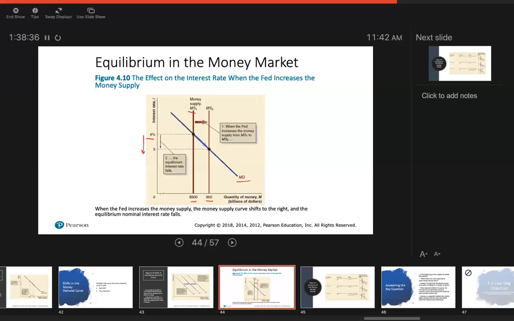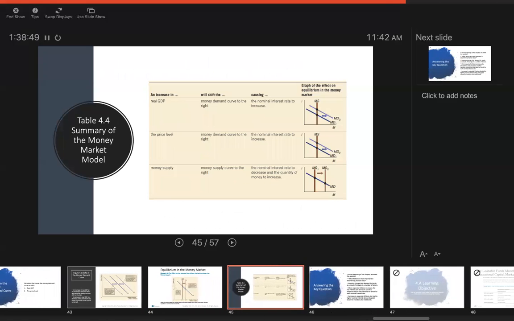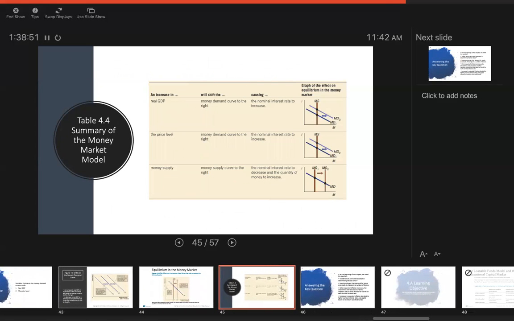So this money market model again tells us how the benchmark nominal interest rate in the economy moves around in response to changes in money demand and money supply. Okay. So here are the three things that determine what the level of the nominal interest rate in the economy will be. Real GDP. If the size of the economy goes up, there's an increase in real GDP, then there's an increase in money demand. So the money demand curve shifts to the right.